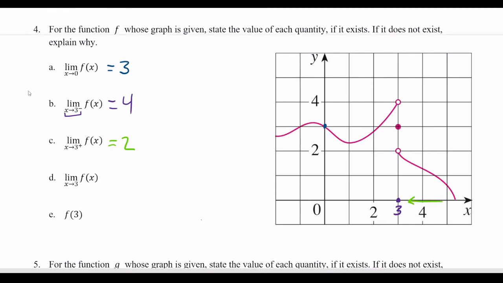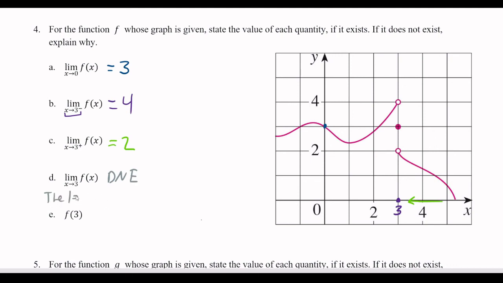Our question now is, do we actually have a limit at 3? Well, from the right it's 2. From the left it's 4. Those aren't equal, so it does not exist. Why does this not exist?